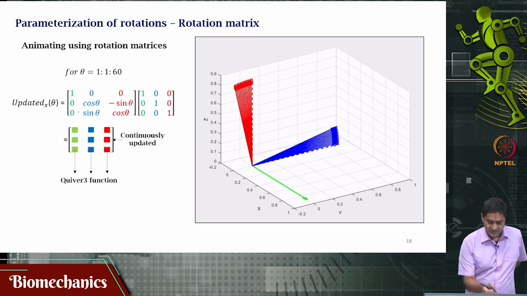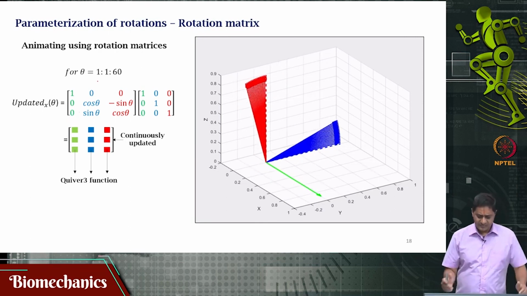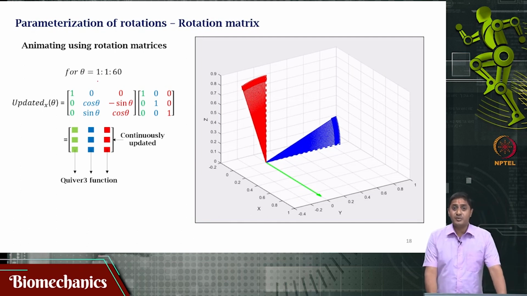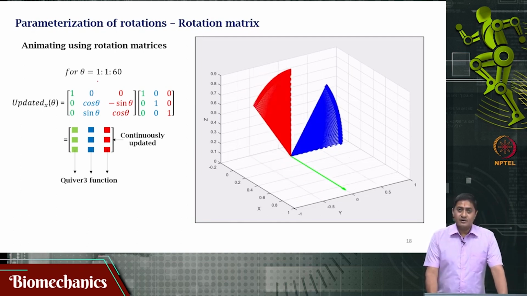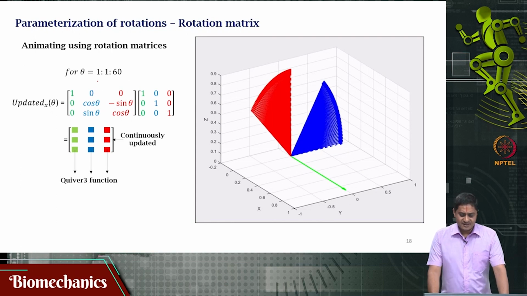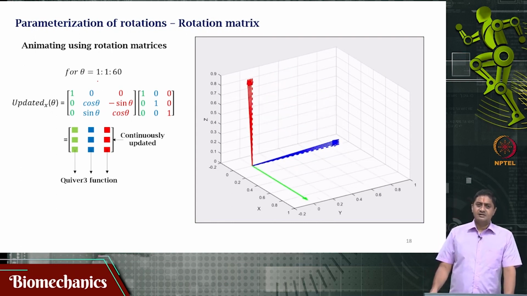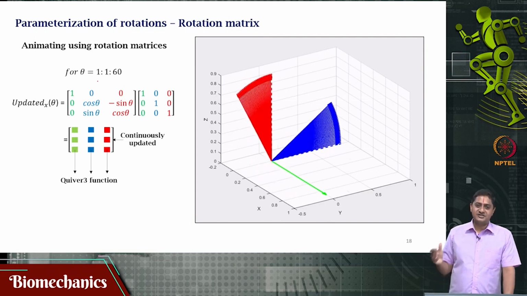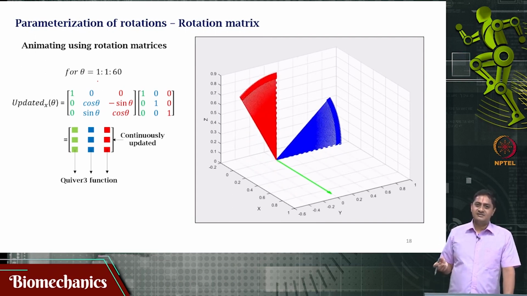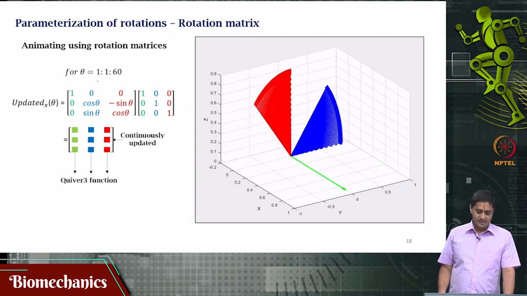So, for example, you are interested in plotting this. Here we have taken a rotation about the x axis and I have also simulated that from 1 degree to 60 degrees, the angle theta is varying at the rate of 1 degree. It is getting updated. Let us say that this is happening.